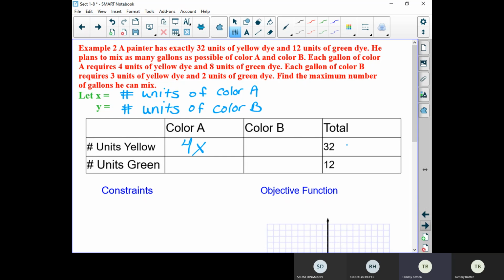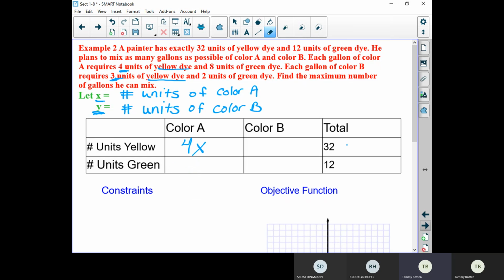So I would take 4 from here and multiply it by X, because that's how many units of color A I have. We could also do B at the same time. B requires 3 units of yellow dye. We're going to take 3 times how many units we have, which is Y. Did I screw that up?